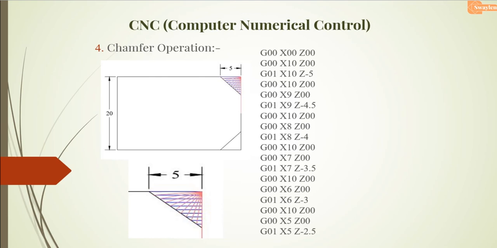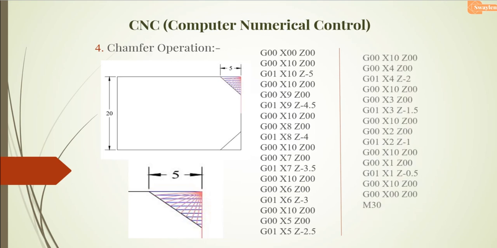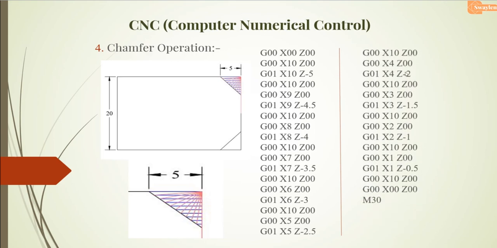Now you will see here the value is the home position at 7.000 and the cut is minus 3.5. Next cut is 3. Next cut is 2.5 and next minus 2, minus 1.5, minus 1 and minus 0.5.